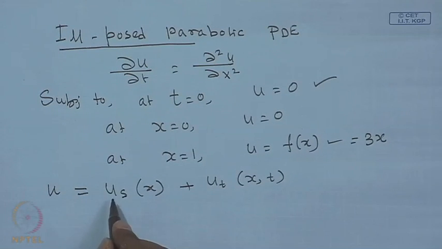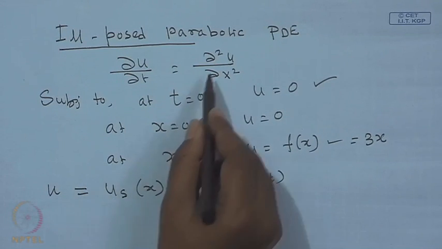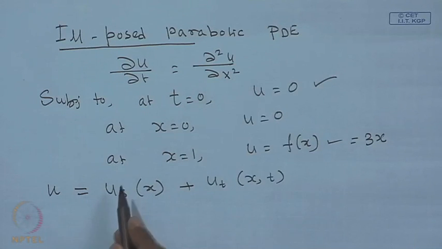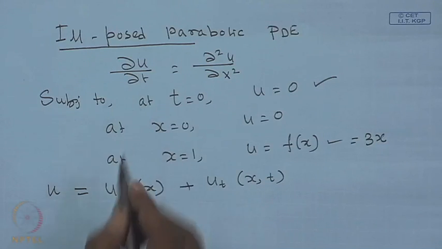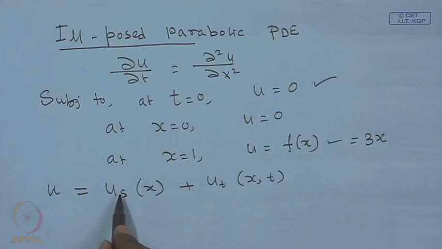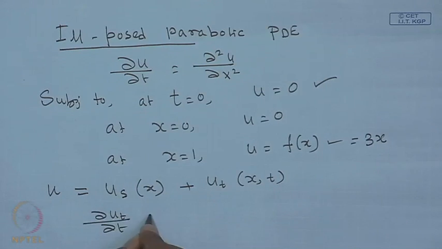For that, we substitute this in the mother problem, that is del u del t is equal to del square u del x square. If you put u is equal to u s plus u t, you will be getting del u t del t.